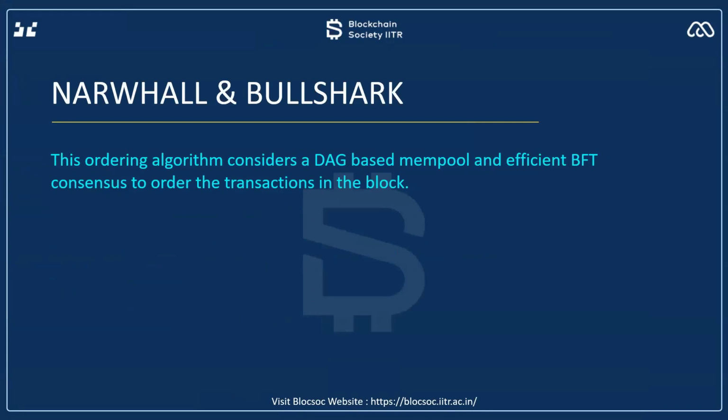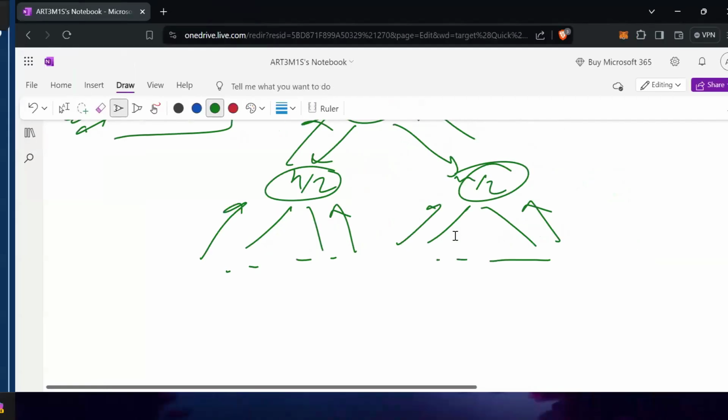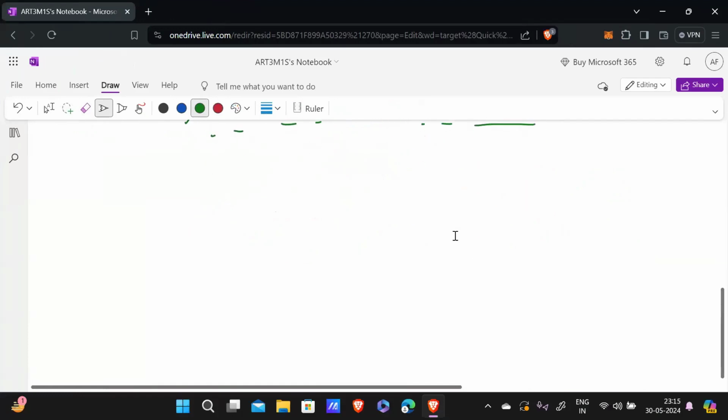I think Aptos is the one that came up with this, and it is currently being used in Starknet. Here we are considering the mempool as a directed acyclic graph, a DAG-based structure. The transaction ordering here is kind of complicated, so I'll break it down in an easier fashion.